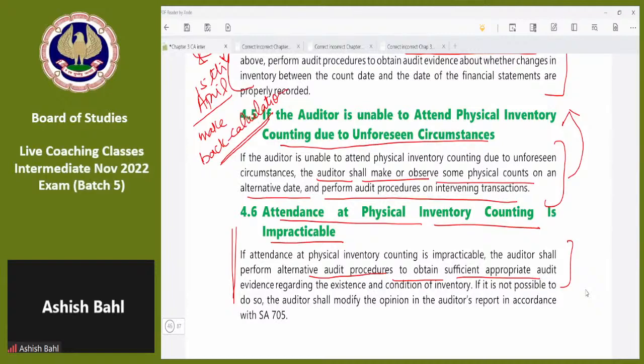Like we had considered the example of the situation arising due to COVID-19, it was not at all practicable to attend the counting process, so the auditor must have performed some alternate procedures. However, if he has not been able to perform alternative audit procedures, then he would have to modify his opinion in his report.